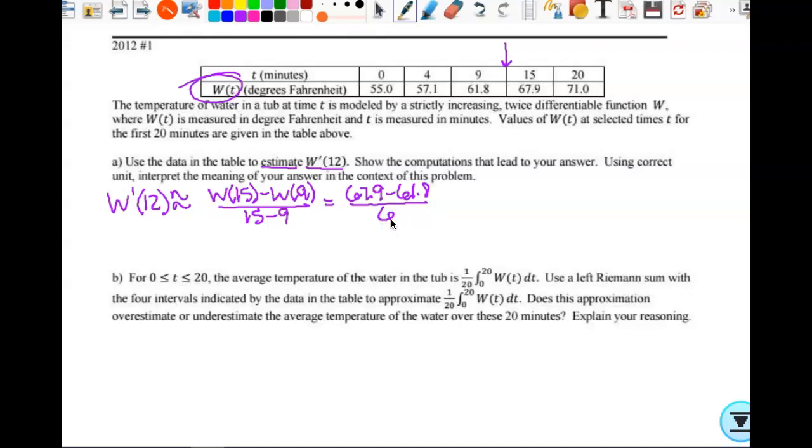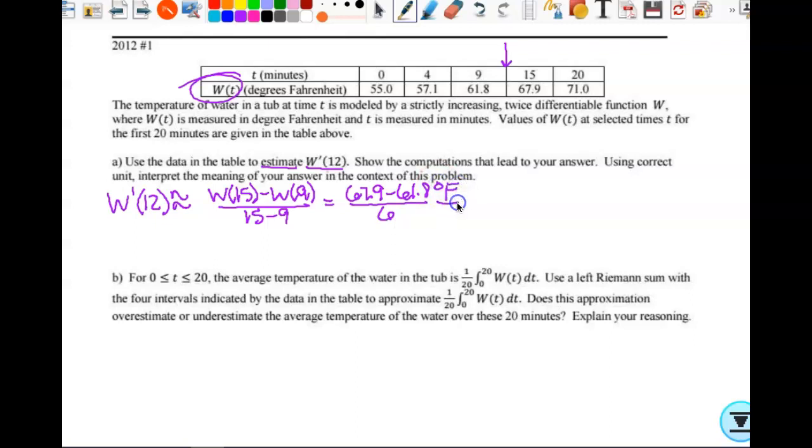But it does say using the correct units. Now, this one, I went back and looked at where it originally came from. It is a calculator question. We don't need the calculator for the pieces that we're doing, but it is a calculator question, so you could actually come up with the actual value. Either way, this is fine that we don't have the actual value, but I still need my units on it. The numerator is representing degrees Fahrenheit.